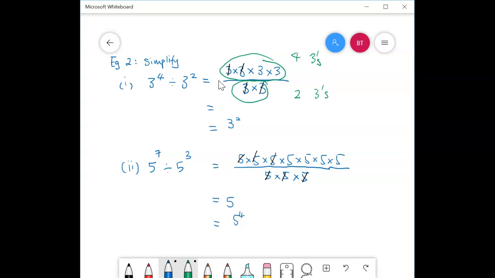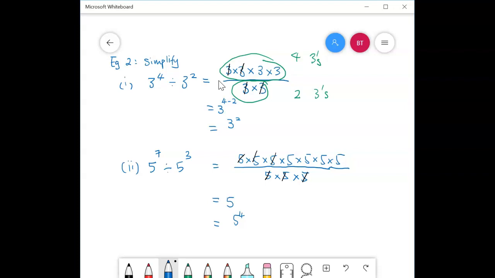When we cancel them off, we are actually finding the difference in the number of threes between the numerator and denominator. So that means we actually take 3 to the power of, since there are 4 threes in the numerator, we subtract away 2 threes in the denominator. And unsurprisingly, 4 minus 2 gives us the overall 2 in the final answer in its power.